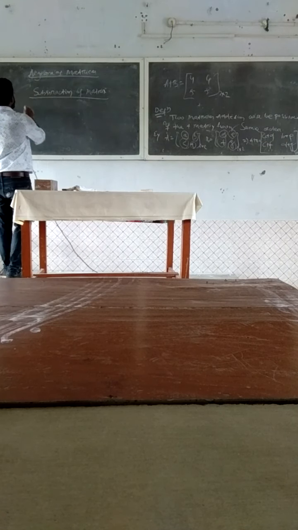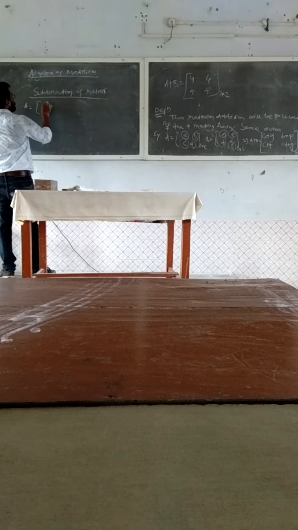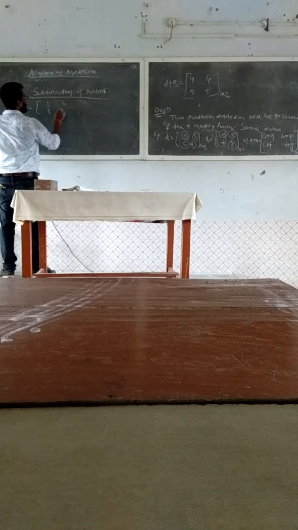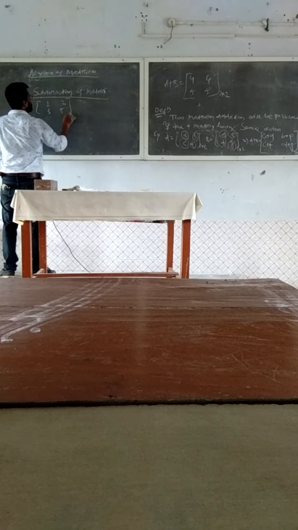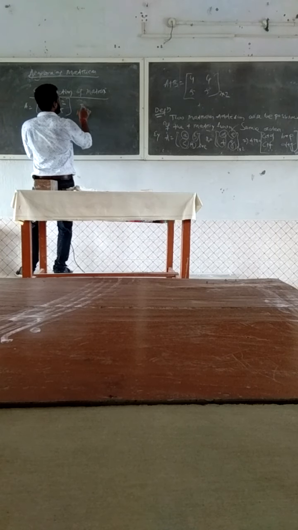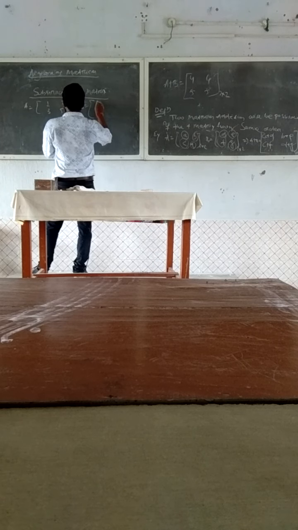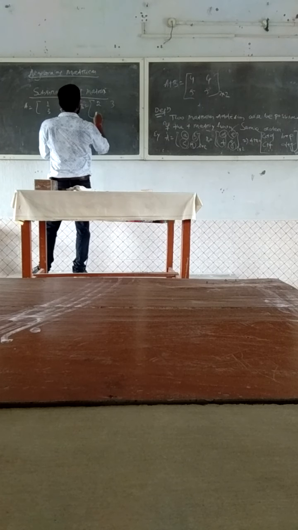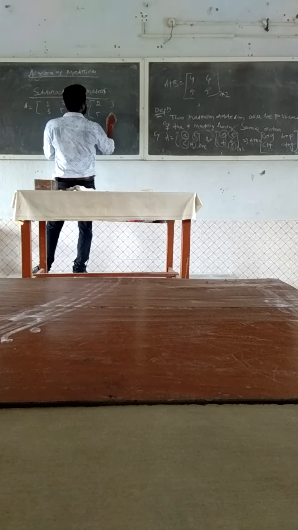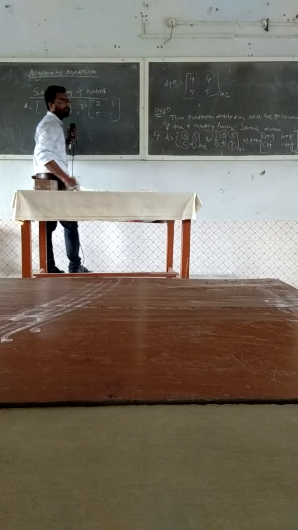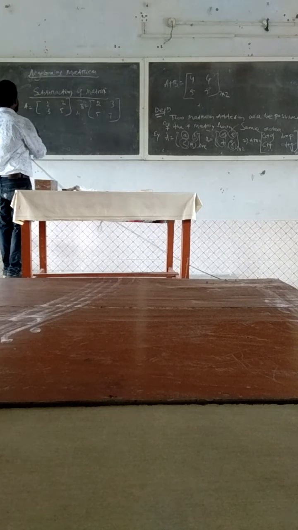If A matrix is 1, 2, 3, 5 and B matrix is 2, 3, 5, 7, now you can subtract the matrices.